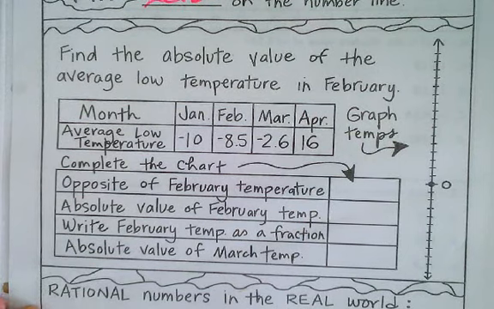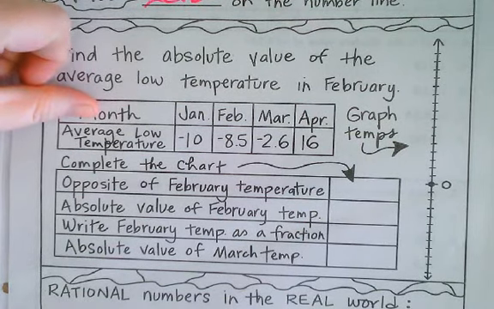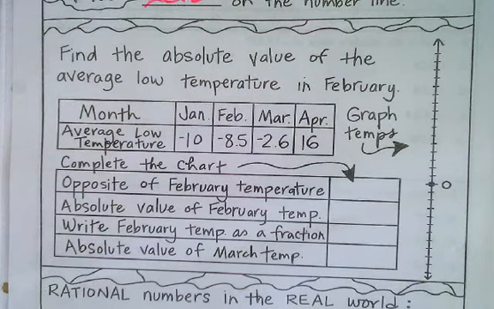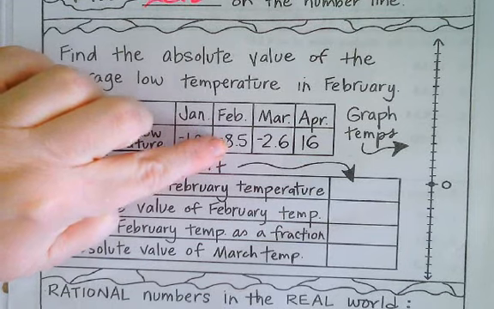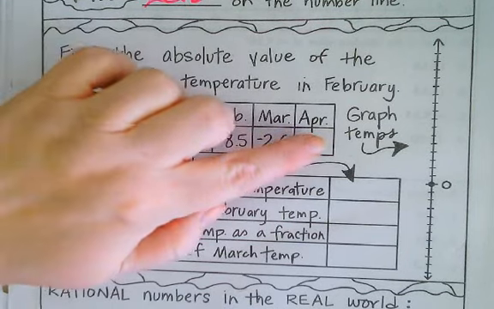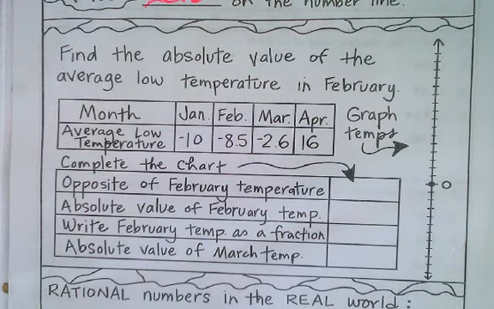So we've got the month, January, February, March, April. Average low temperature, negative 10, negative 8.5, negative 2.6, and 16. I can guarantee you that these temperatures are not in Tucson, Arizona. They're not probably anywhere in Arizona. You guys have never seen temperatures like this.